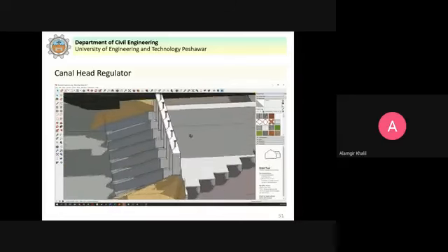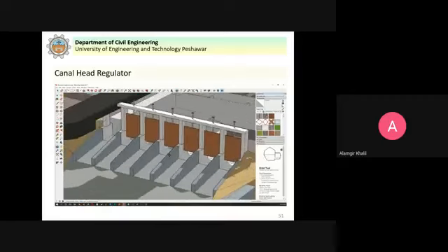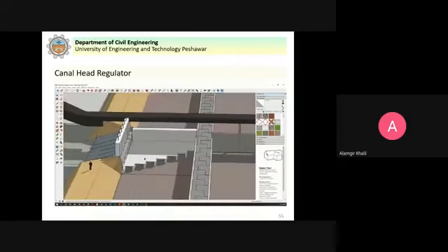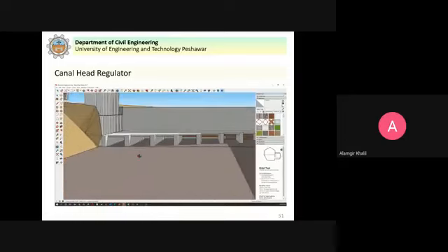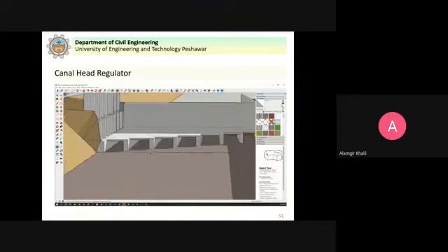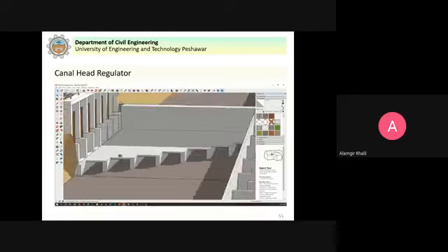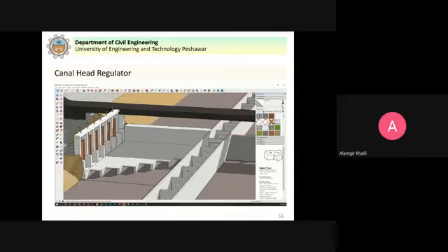So you can see the downstream. This is the silt excluder. We will study this later in detail. You see the silted water will enter into these tunnels, and the silt-free water above that will be allowed to enter into the canal.